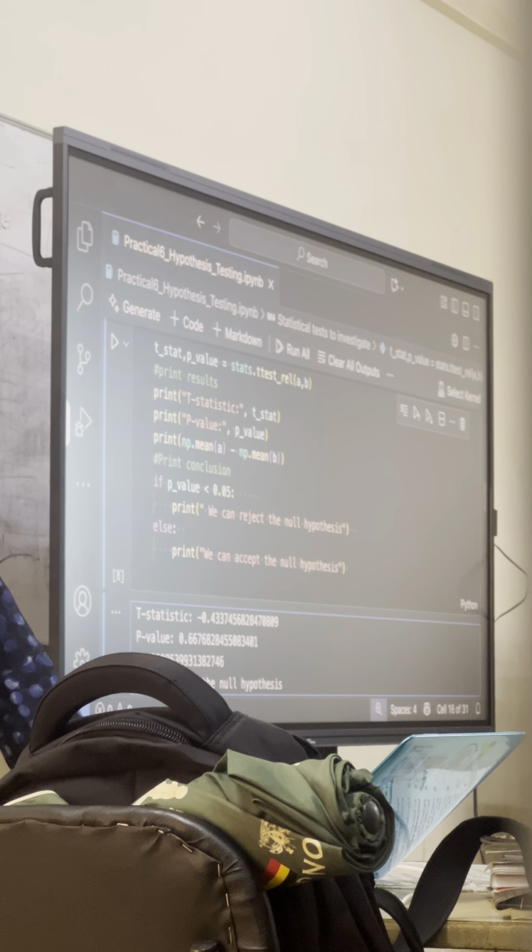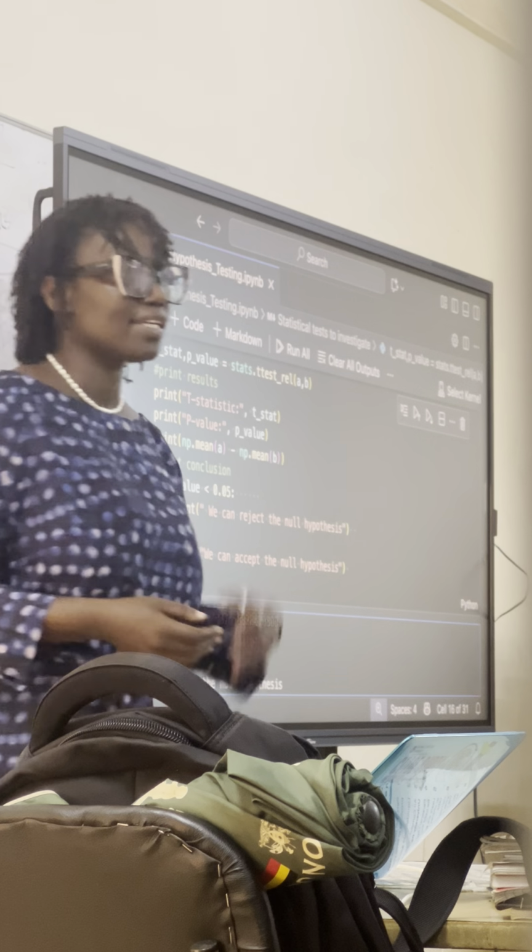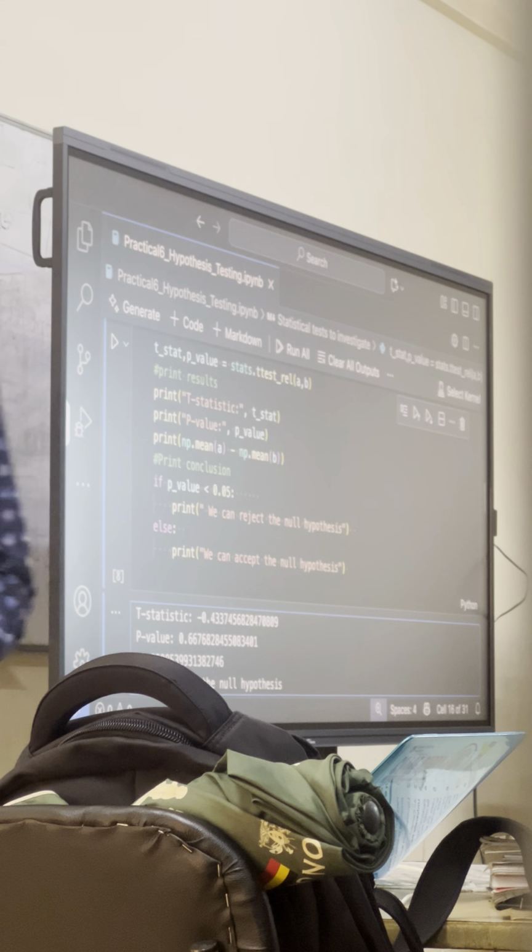The p-value is more important here than the fact that we have the negative result. So we still discuss it in that manner. We can illustrate that it's a very small statistic or negative statistic, but the p-value does illustrate that the hypothesis cannot be rejected or the hypothesis is accepted.